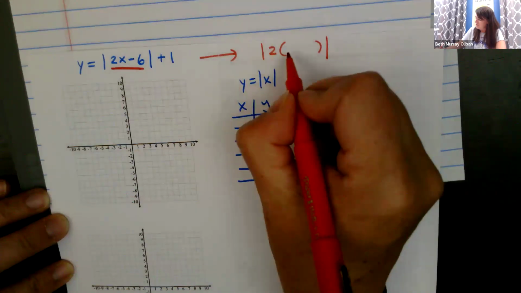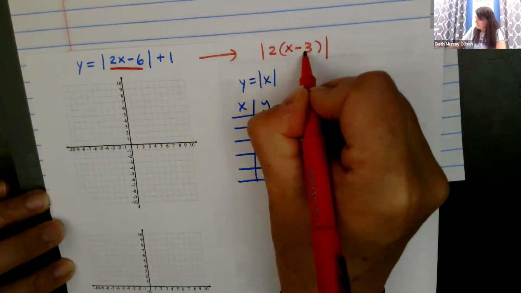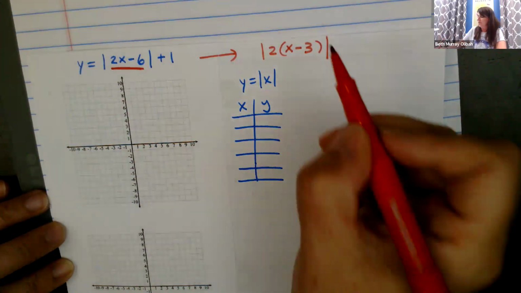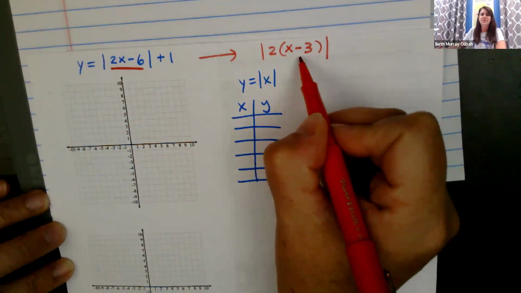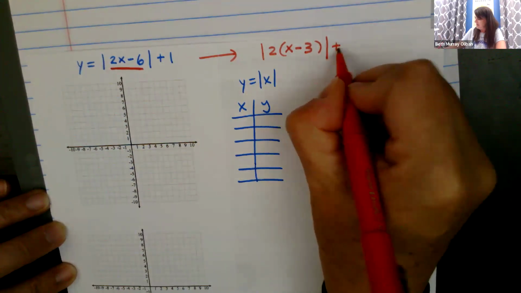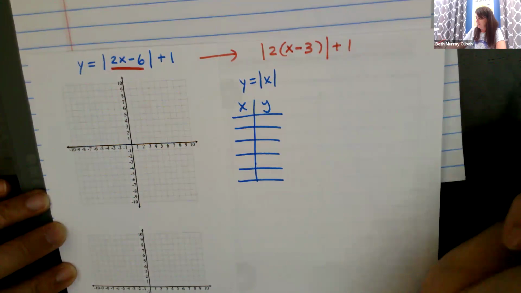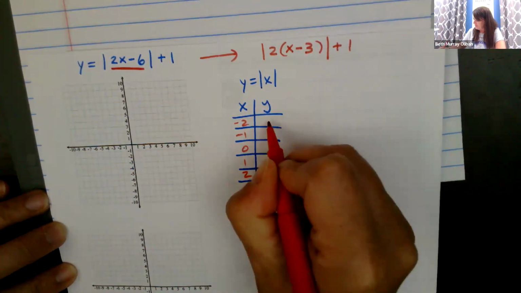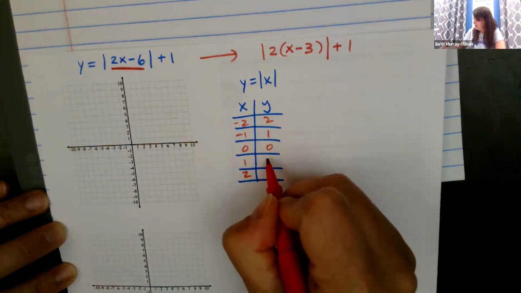So if I pull that 2 out, that really would become x minus 3 inside. So now it's the -3 that I'm going to have to deal with when I do the transformation, and then the +1.